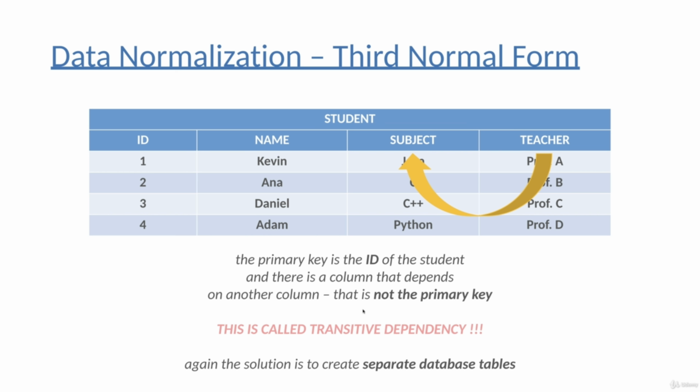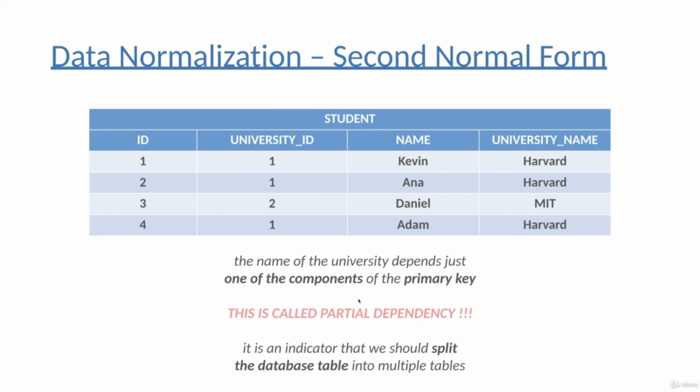So there's a fundamental difference between transitive dependency and partial dependency. As far as partial dependency is concerned, we are considering the primary key and another database table column. For example, the university name depends on just one of the components of the primary key. So we have the primary key component and we have another database table column.